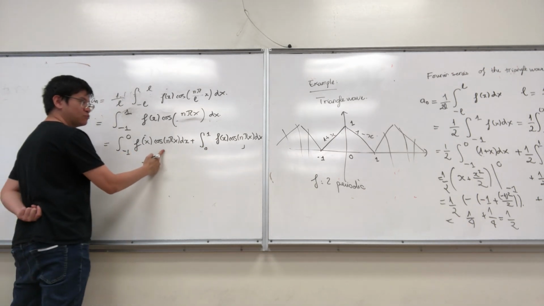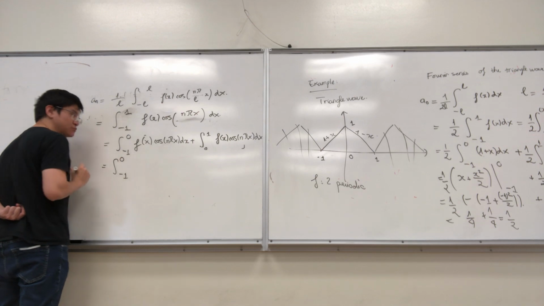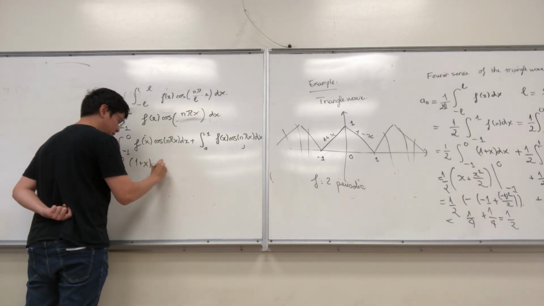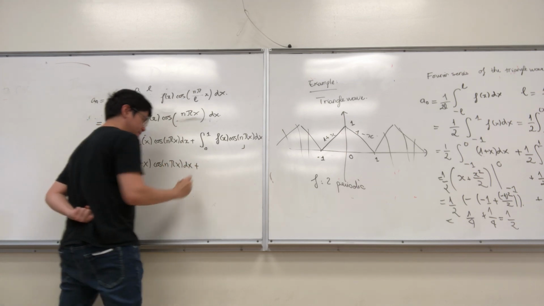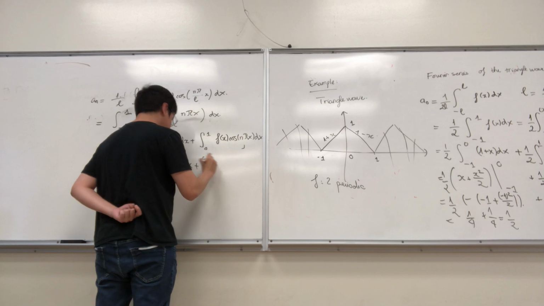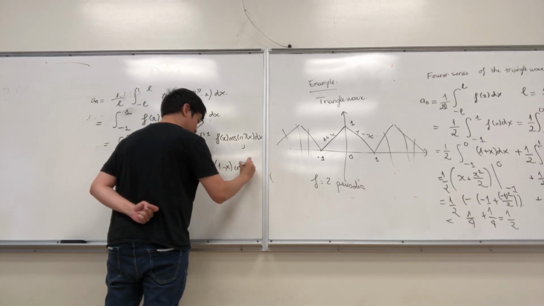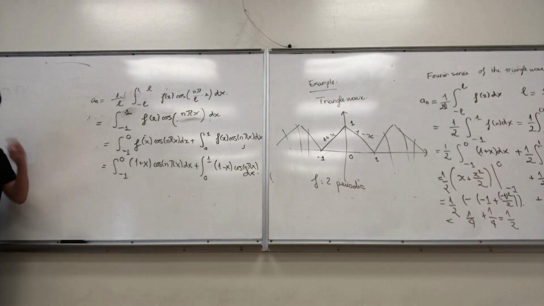So the first one, I'm going to replace it by 1 plus x. So here I have the integral from minus 1 to 0 of 1 plus x cosinus of n pi x dx. And the second one will be the integral from 0 to 1 of 1 minus x cosinus of n pi x dx. Right?